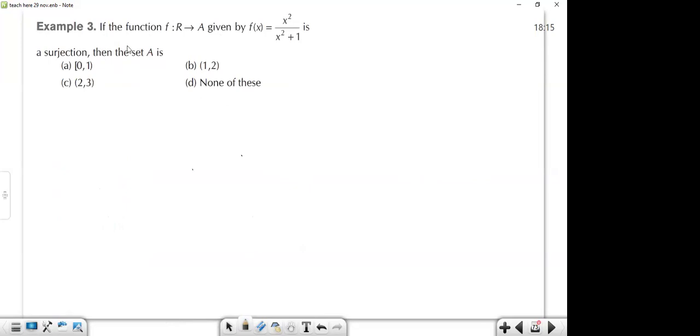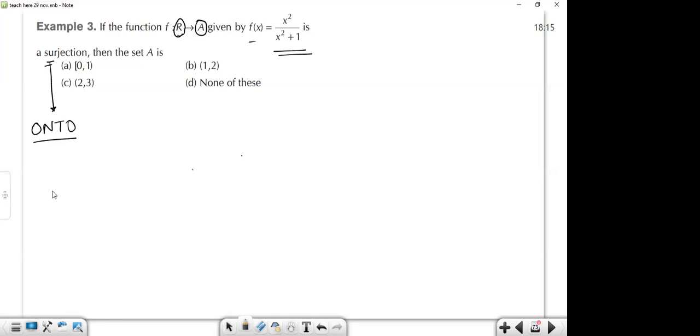Coming to this question, the domain is real numbers and the codomain is a set given, and the function is a surjection. What are surjective functions? What are onto functions?